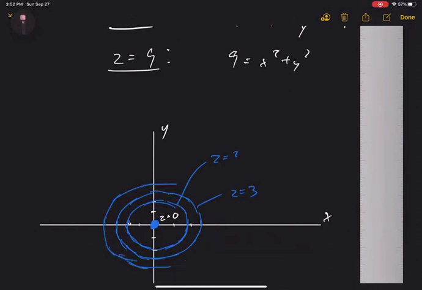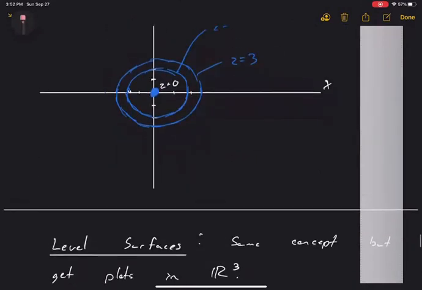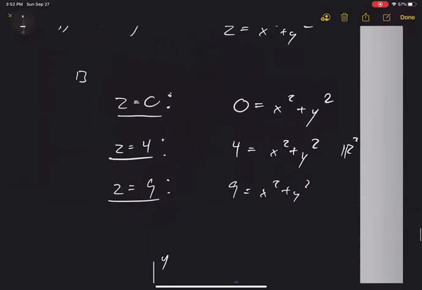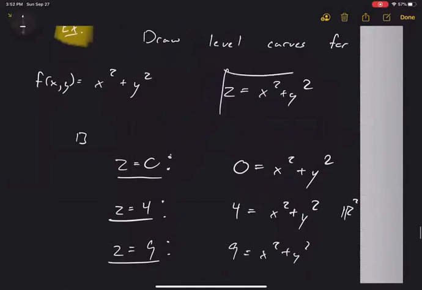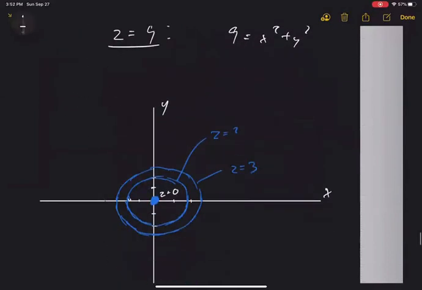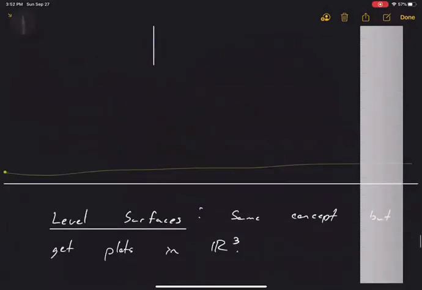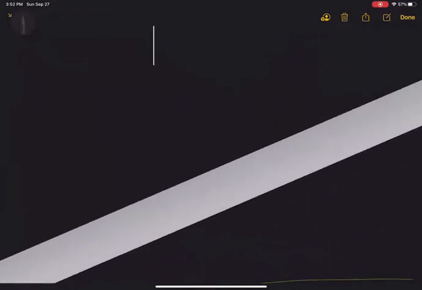Now, what does the name level curve mean? To discuss that, let's think about the 3D picture of this now. What's the 3D picture of our original equation?